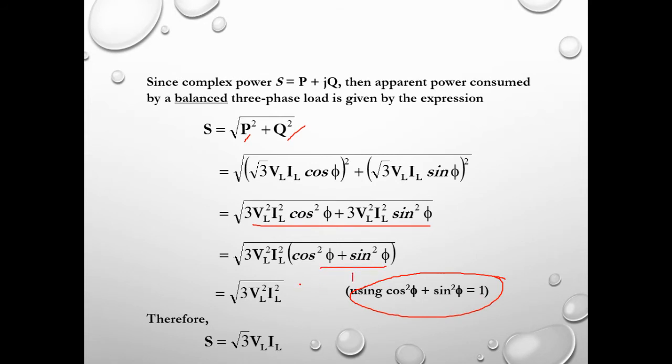Then again, we can simplify our complex power S equal to square root of 3 VL square IL square, and therefore S is actually equal to square root 3 VL IL. So this is the derivation on how we can obtain the relationship of complex power in terms of line voltage and line current.